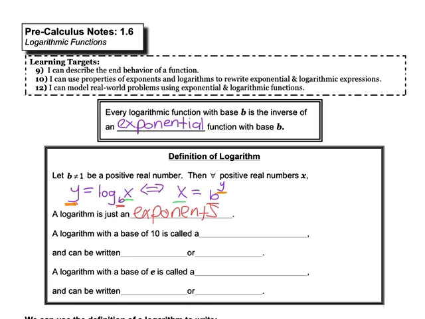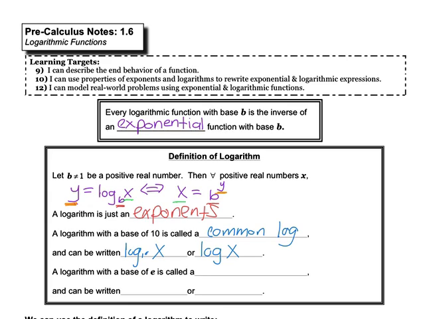Okay, so a logarithm with base 10 is called a common log. I'm hoping you've heard that before. You can write common logs as log base 10 of x. That would be a common log of x. Or if it's a common log, we can actually leave that base 10 out. So if there's no base specified, you will assume that it's a common log, or base 10.